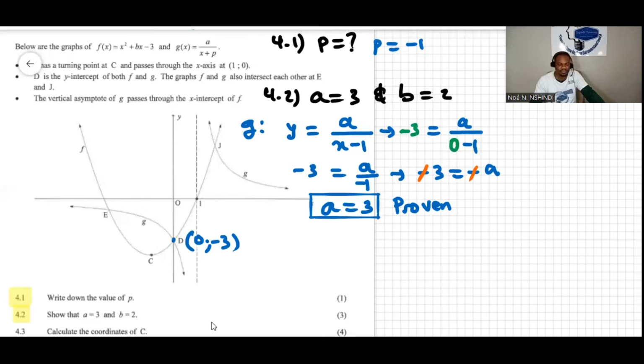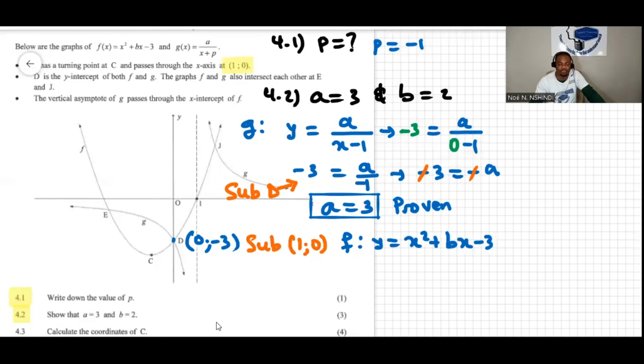Now for b, how can we do that? Here we sub D. Now for b, we're going to sub another point. We're going to sub the point 1, 0, which is the x-intercept. Subbing this point, f is given by y equals x squared plus bx minus 3.